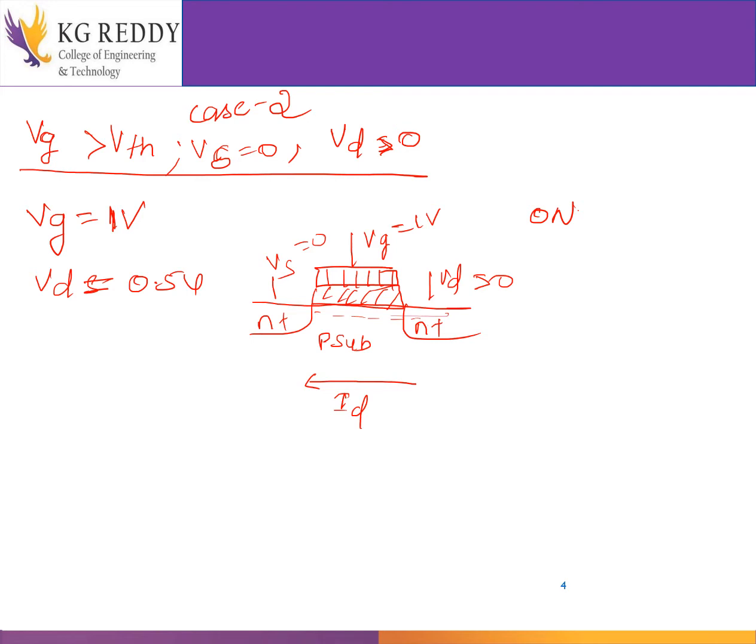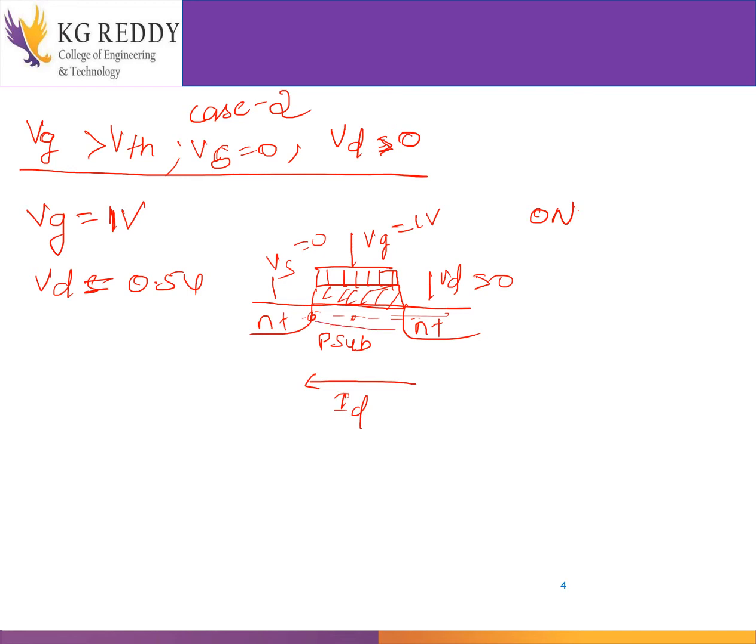Because here the channel voltage will be 0 at this point, correct? At this point it is something different, and again here it is different, which means along the channel the voltage is varying.